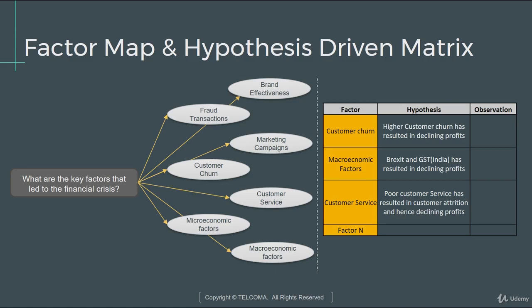Now, a more realistic version of a factor map, which would be an outcome from a brainstorming exercise within a team, is going to be really complex and really exhaustive. This is just a miniature version of the factor map I wanted to showcase to you so that you could design one for your problem. A real one would have several factors under each of these factors.